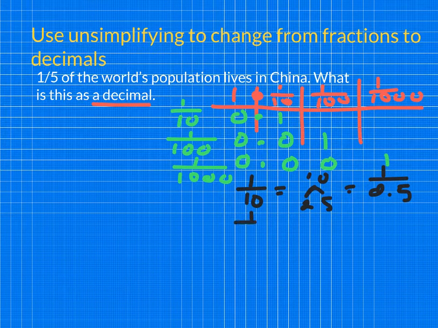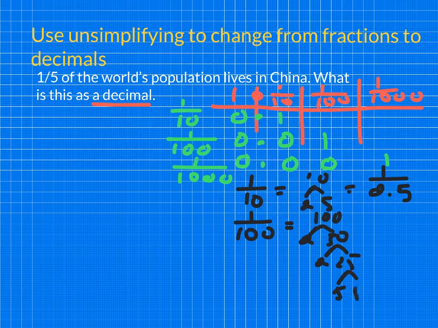If you have 100ths, then if we break this down, 100 is going to be 2 times 50, 2 times 25, 5 times 5. So it's going to be 1/(2 times 2 times 5 times 5). So we'll just do with those two first of all.